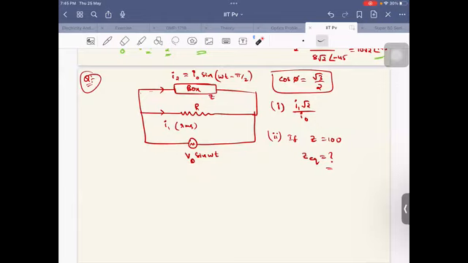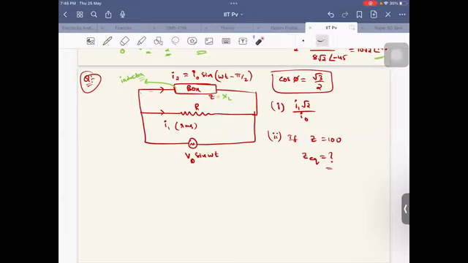If you remember the basics, an inductor. So in the box you have an inductor. If you know that, it is simply done. Z is simply XL here.